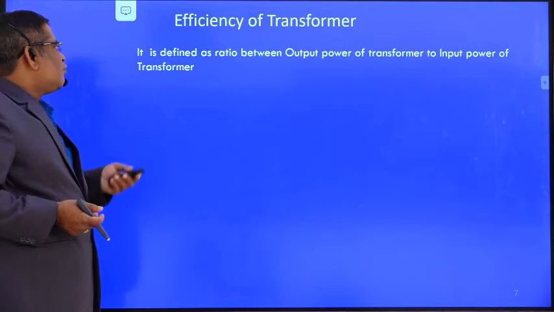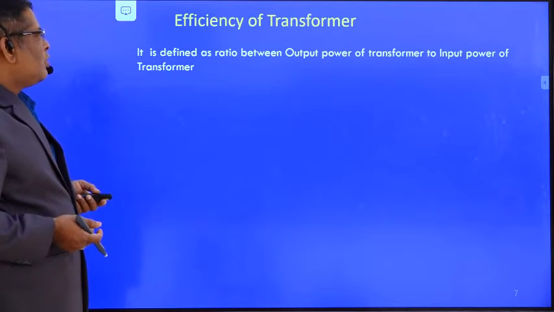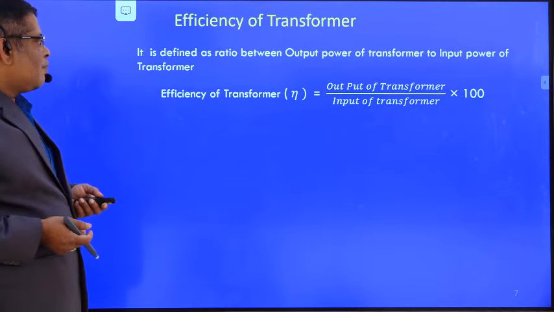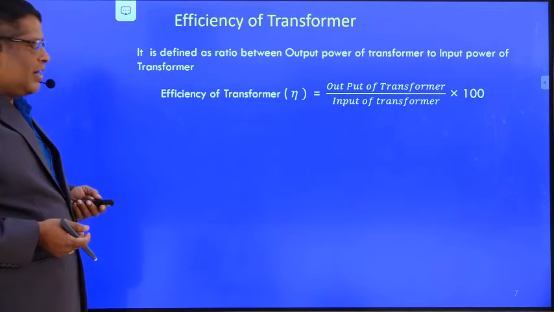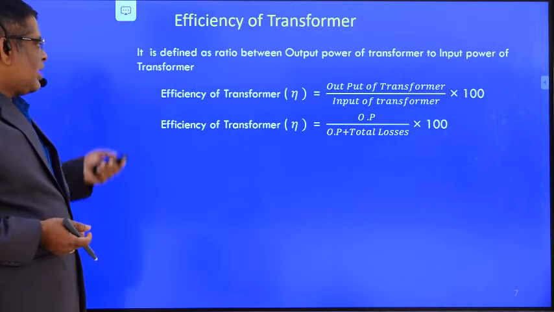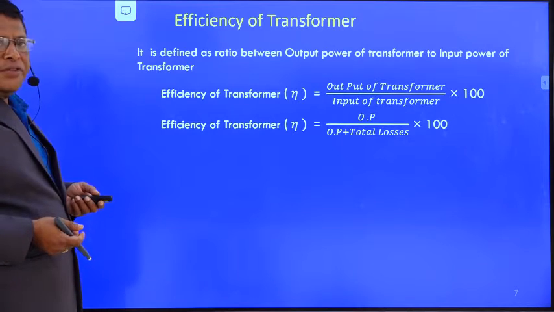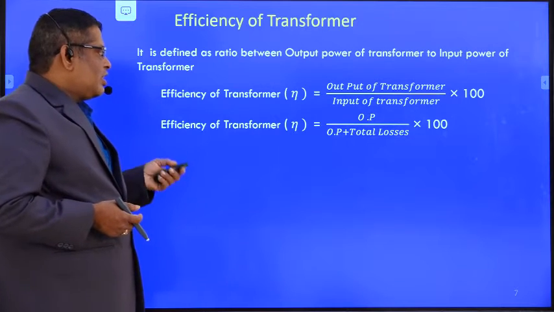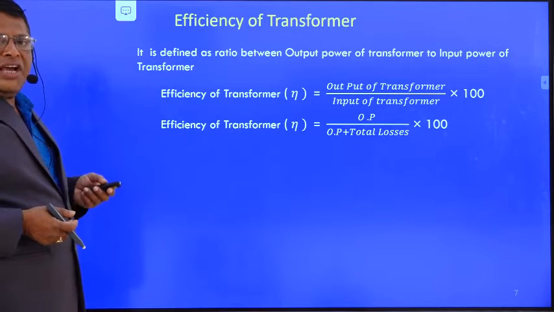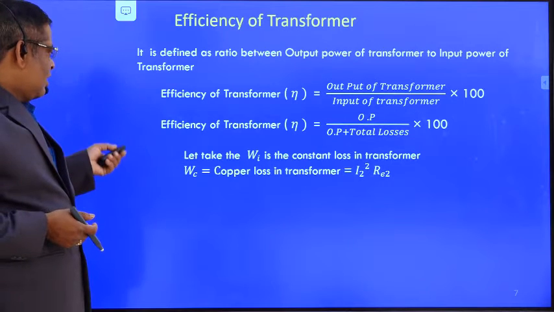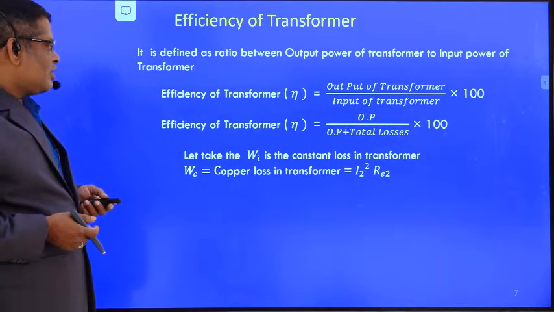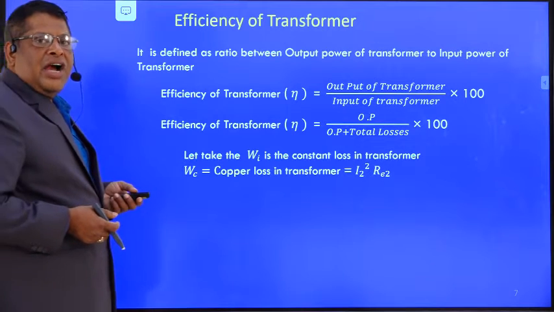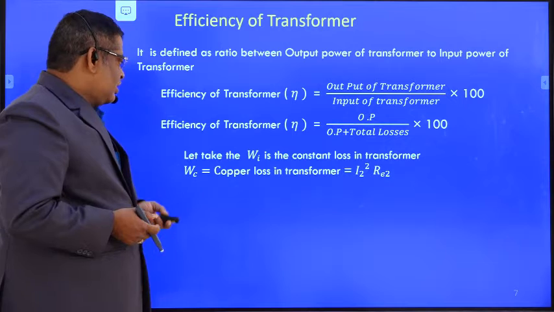Now the efficiency of a transformer is defined as the ratio between the output power and the input power of a transformer. The efficiency eta equals output power divided by input power, into 100. Now the same thing we write as output power divided by output power plus total losses in a transformer. The total losses consist of iron loss as well as copper loss. Let Wi be the constant losses in a transformer, and Wc the copper loss, which we write as I2 square Re2, as we have just seen.